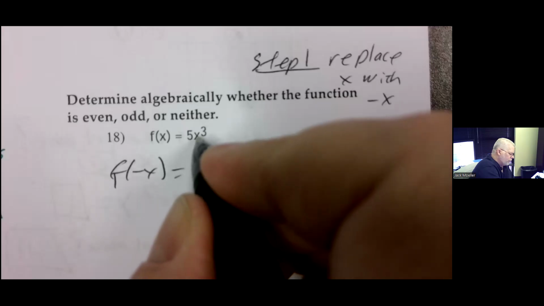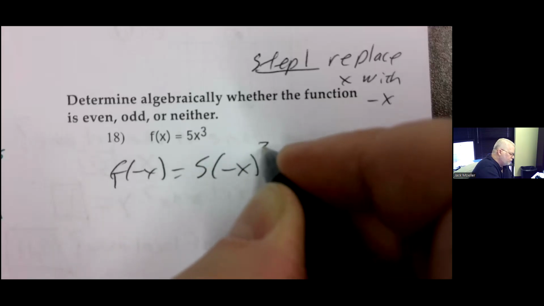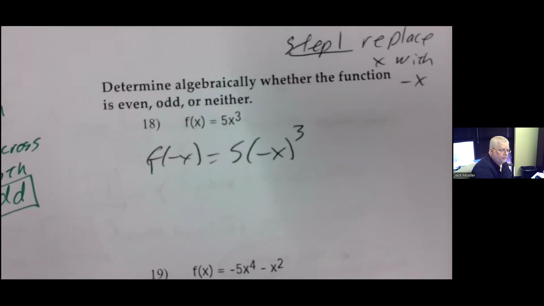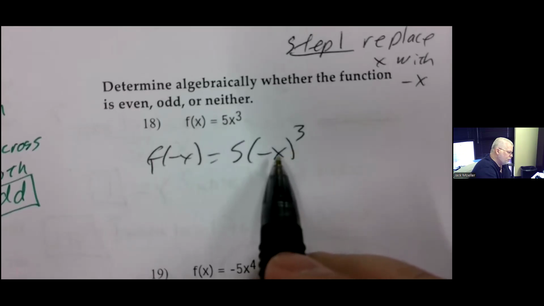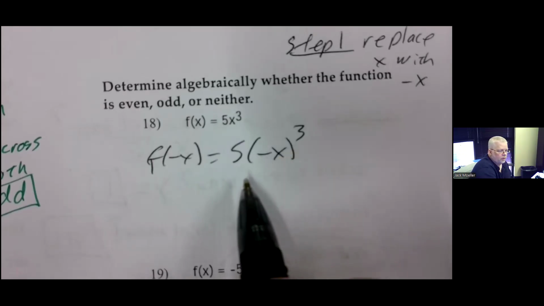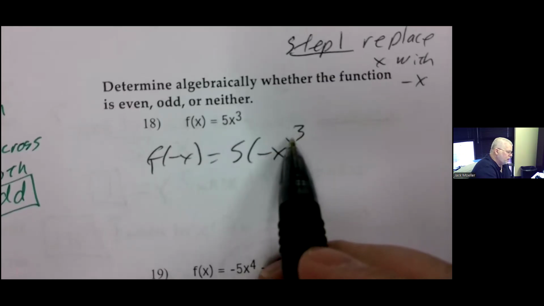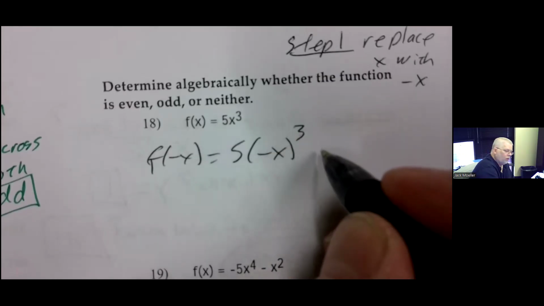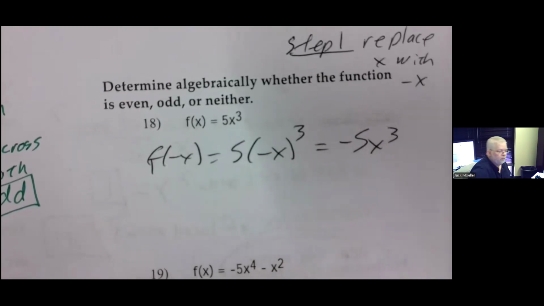In this case, we only have one x, so it's going to be 5 and please use parentheses. Now you have to clean it up. The reason parentheses are important is that they tell us how many negatives we're going to have. When you cube a negative, that's negative times negative times negative, which is overall negative. So that would be negative 5x cubed after we clean it up.